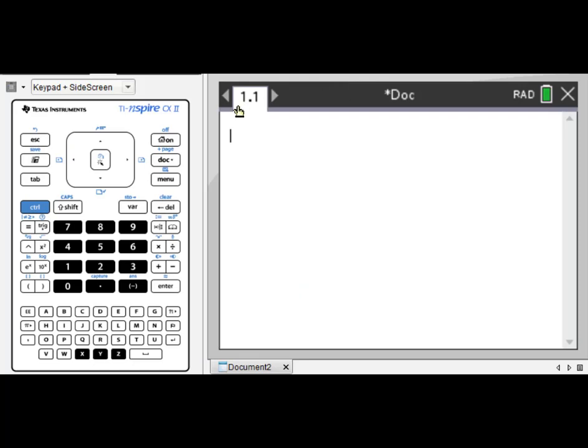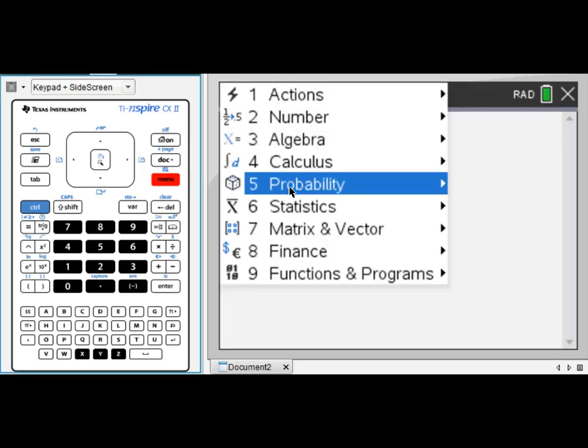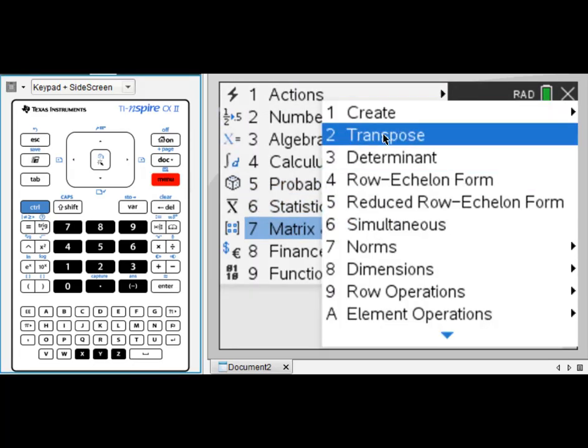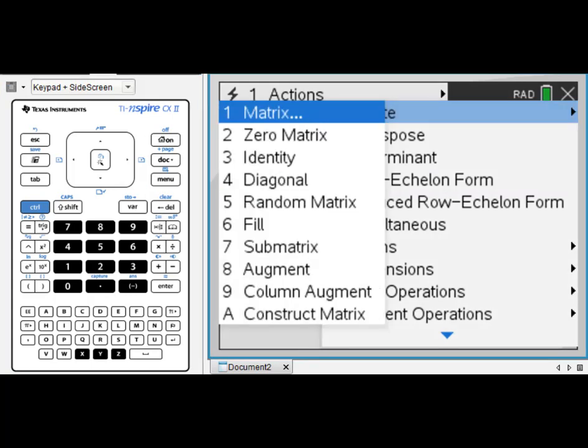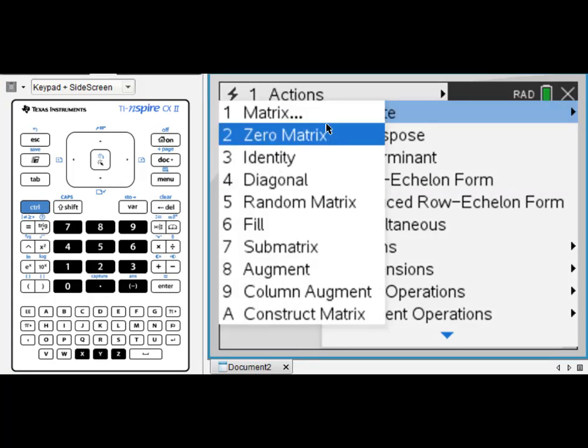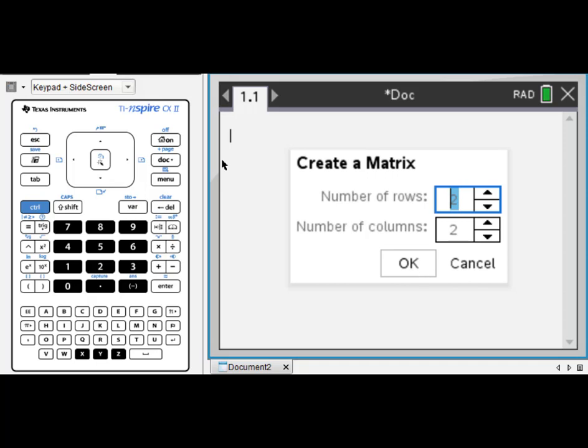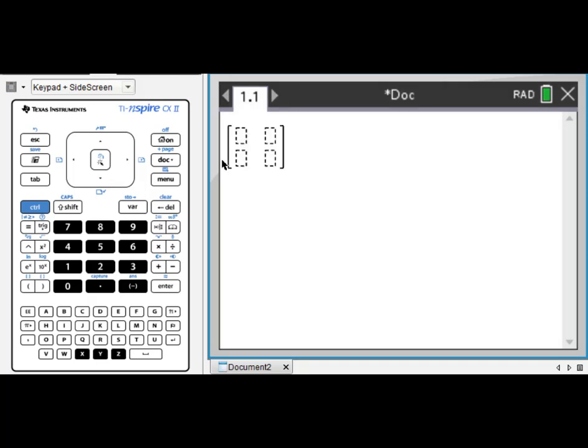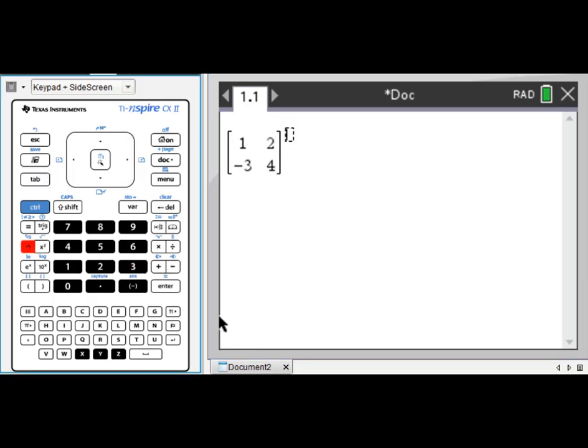Doing that matrix calculation on our calculator: menu, matrix and vector, create. We have a 2 by 2, so matrix 2 by 2. It's 1, 2, -3, 4. We want the inverse of that, so the -1, and then we want to multiply it by the other matrix.